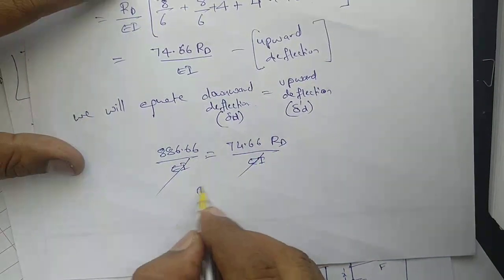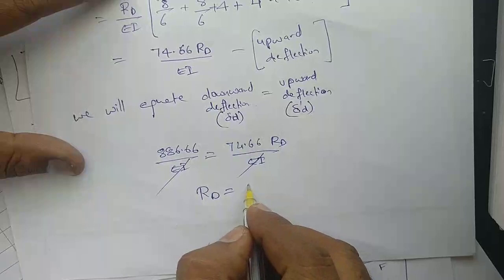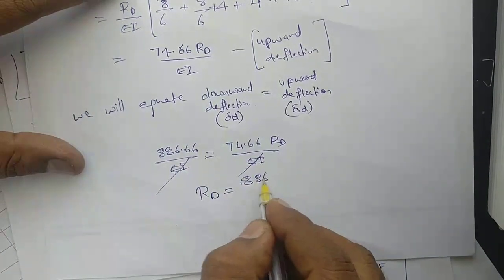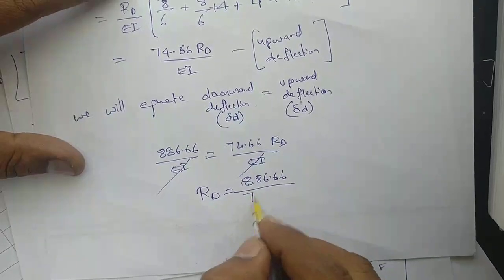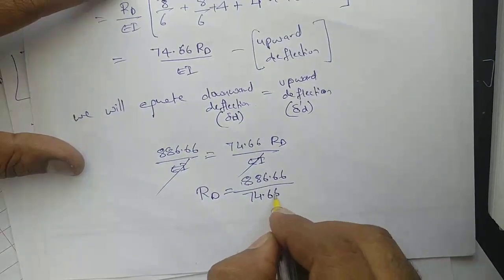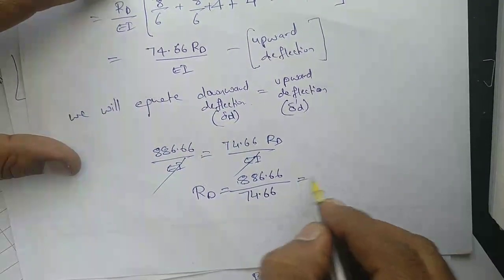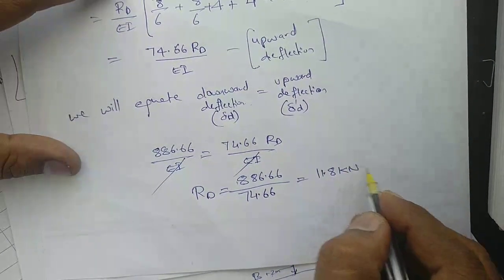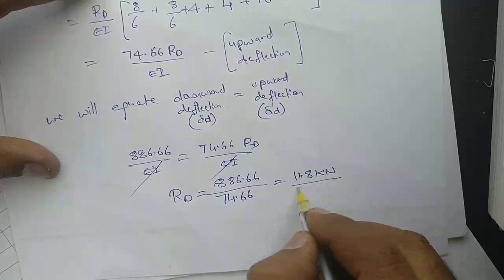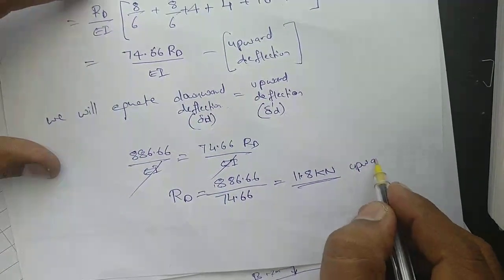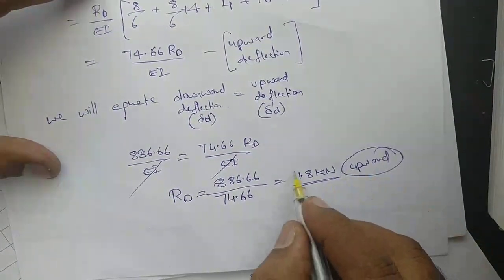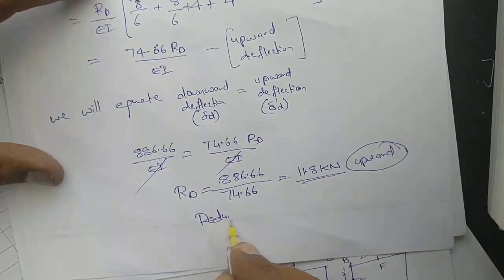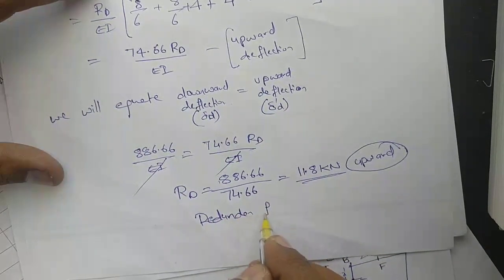From this, RD will become 886.66 by 74.66, which is equal to 11.8 kilonewton upward. This is your redundant force.